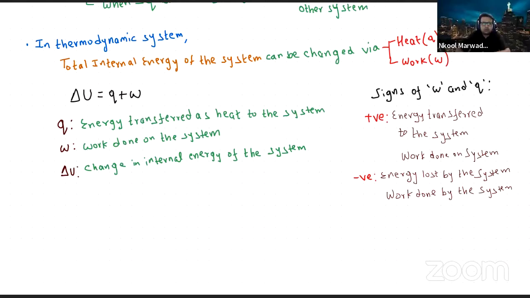Okay, so let me highlight this equation. This is a general equation wherein we are saying that heat is supplied to the system and work is done on the system. It's the mathematical definition of the first law of thermodynamics.